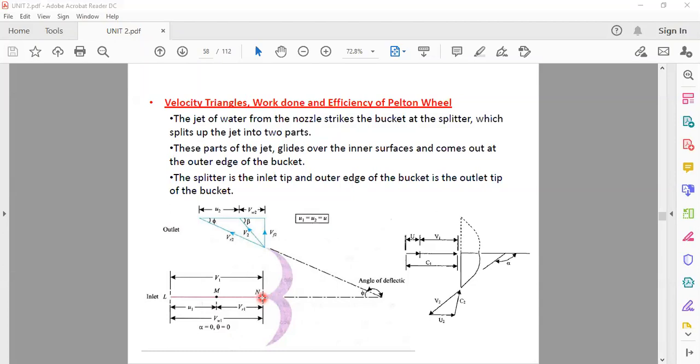In the other case, where water impacts radially, the inlet triangle is present. But here our water impacts on this blade tangentially, so alpha is 0 and theta is 0. Is it clear? Because all this diagram is required for solving the problems. Total problems depend on this diagram.